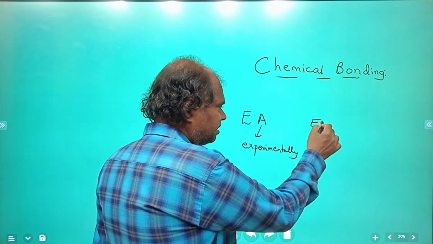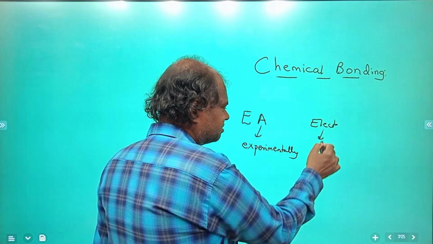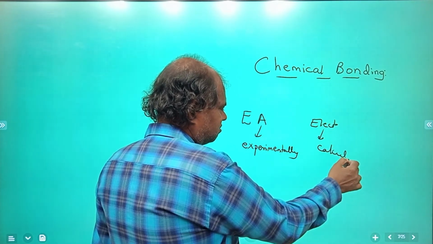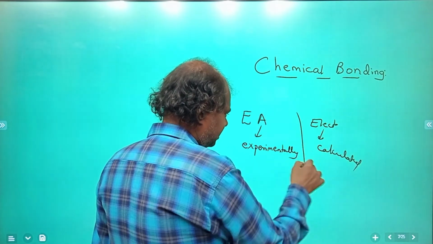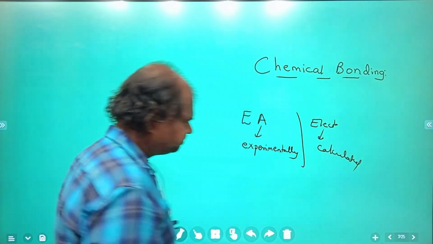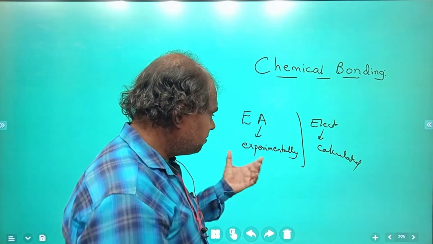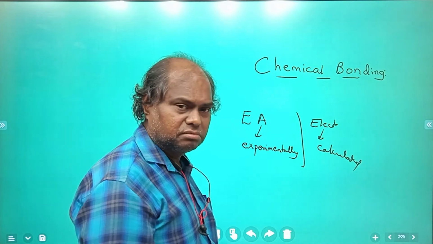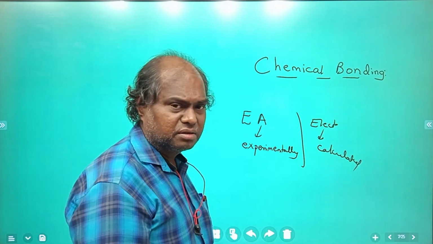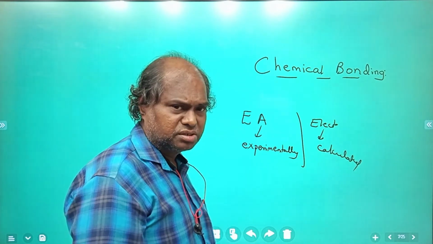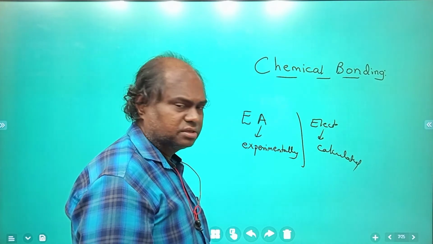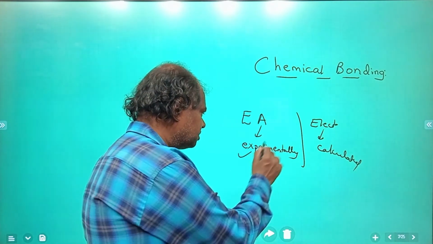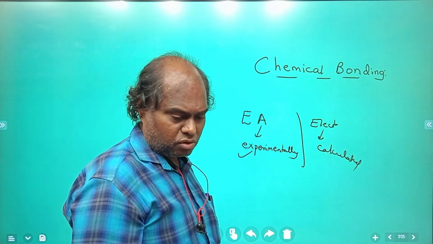But electronegativity, what we did last, was calculated. That's the difference between electron affinity and electronegativity. Electron affinity is experimentally determined. Electronegativity you get by doing some calculation. I told you Pauling did some calculations. So electron affinity is more accurate actually.